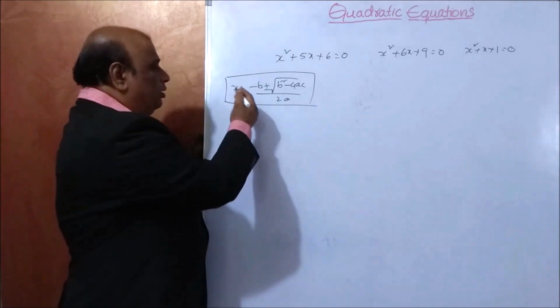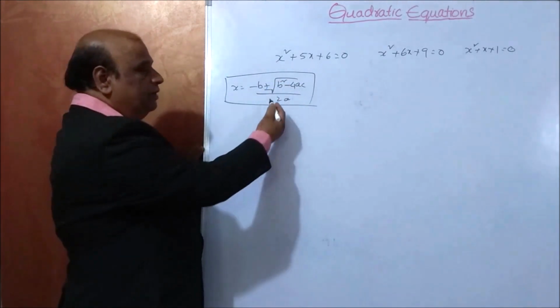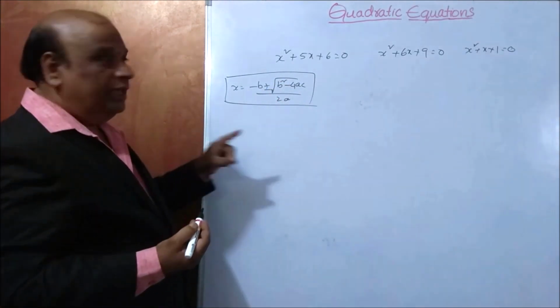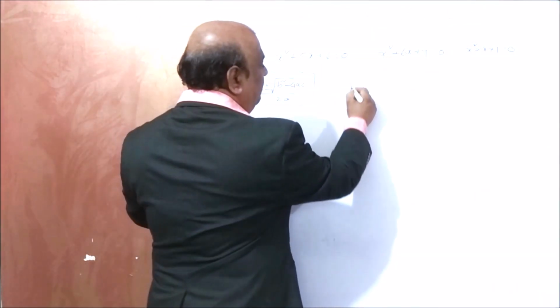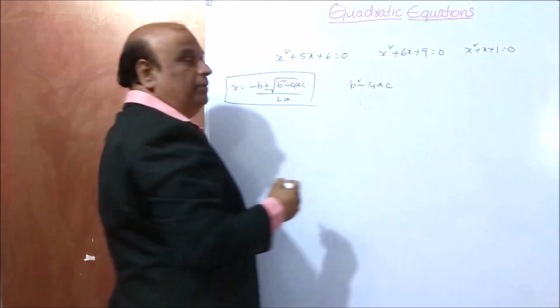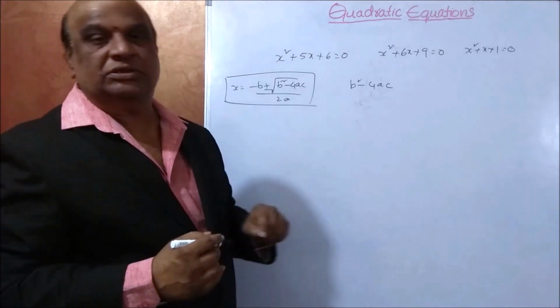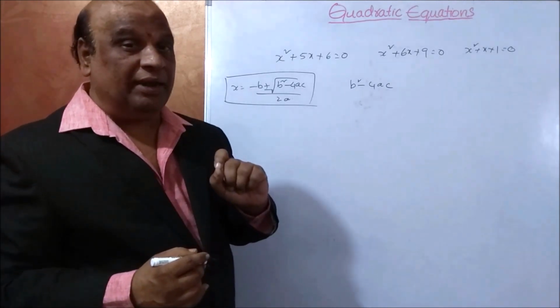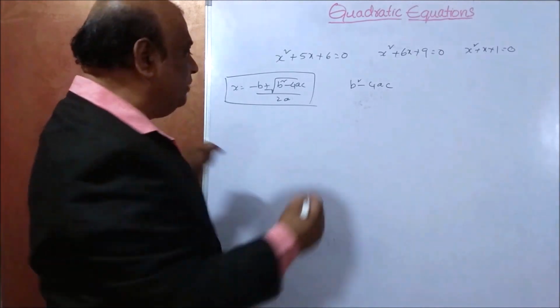Here, minus b plus or minus root of b square minus 4ac by 2a is the formula. In this total formula, we should take only the b square minus 4ac part. This is called the discriminant.